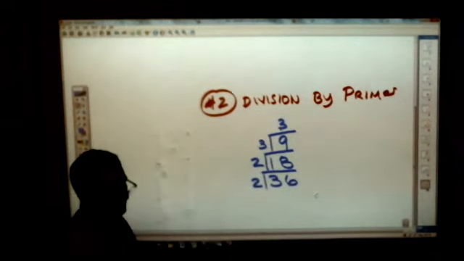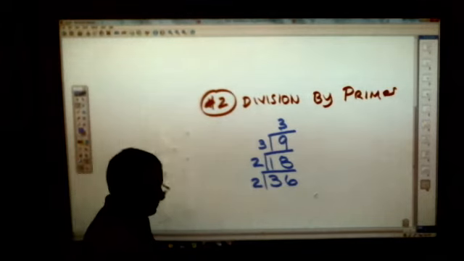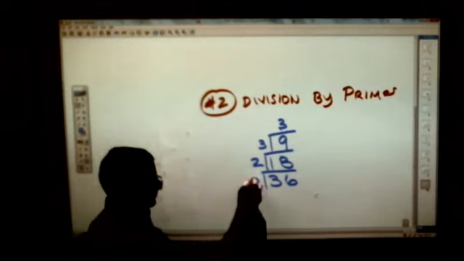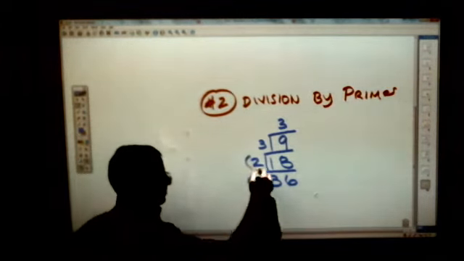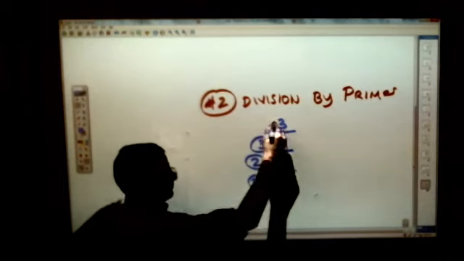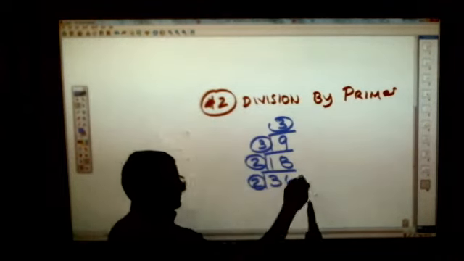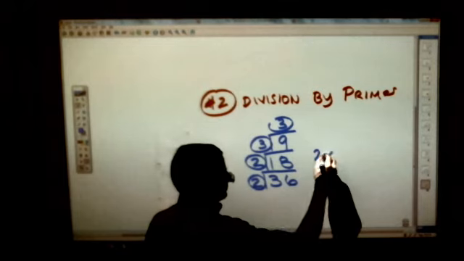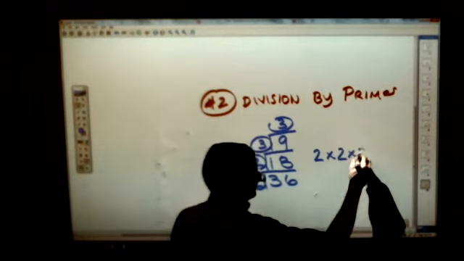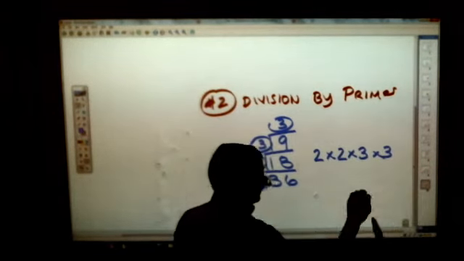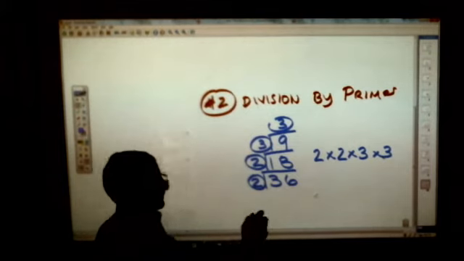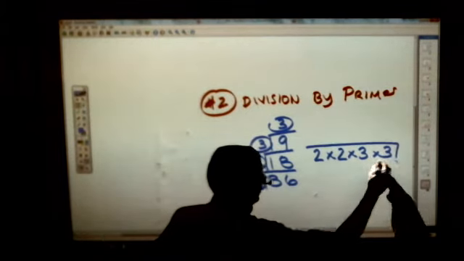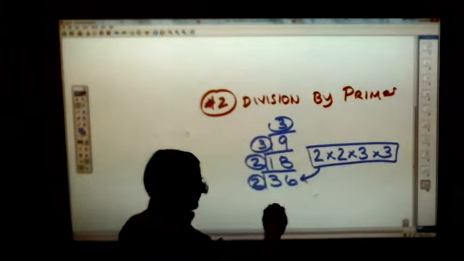Is 3 a prime number? Yes. All of these numbers on the outside are the prime numbers that multiplied together would give me back 36. So my answer is 2 times 2 times 3 times 3.